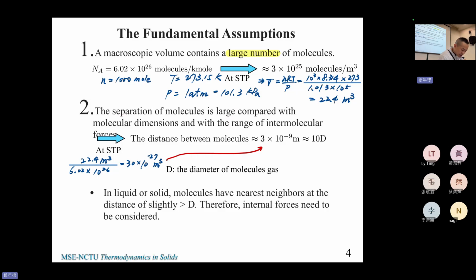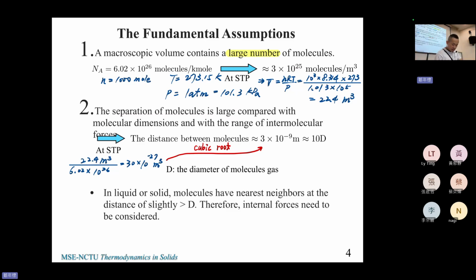So you can say the average distance between the molecules is the cubic root, which becomes 3 times 10 to minus 9 m. The typical diameter of a gas molecule is about a tenth of that, so the distance is 10 times the diameter.